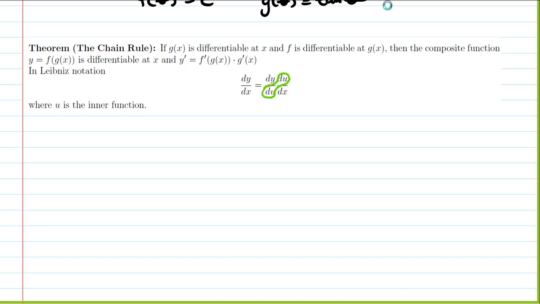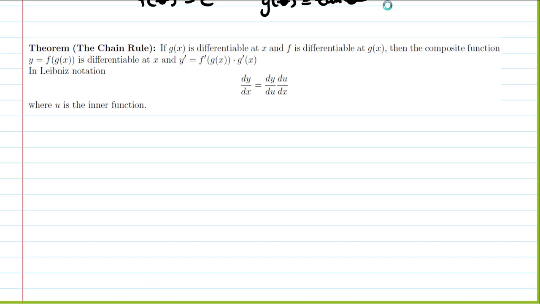If I had a fraction dy over du and the fraction du over dx, those would reduce out, and what would be left behind? dy/dx, which is what I was trying to find. So this roadmap will help us determine what the intermediate variables are and what we need to differentiate through in order to get our final answer.